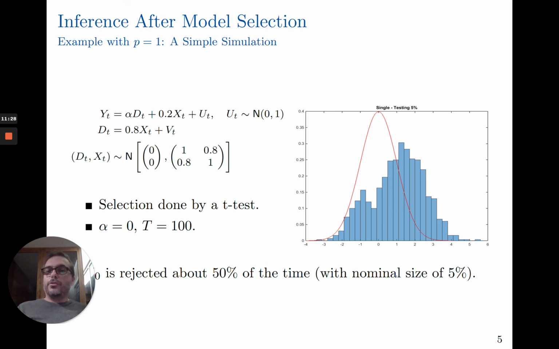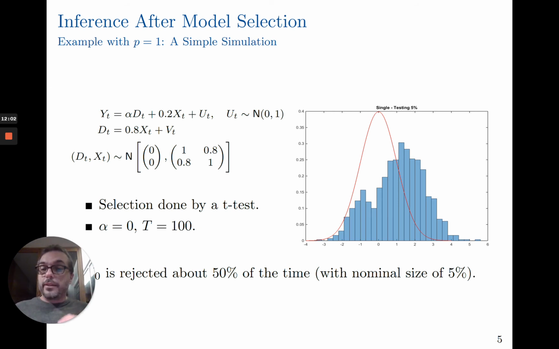Let's run the following experiment. Let's set alpha equal to 0, so the true alpha is 0. We are going to simulate 100 observations of y, d's, and x's, and we are going to run the long regression. We are going to run a simple t-test, again econometrics 101, for the parameter beta, which in our case equals 0.2.